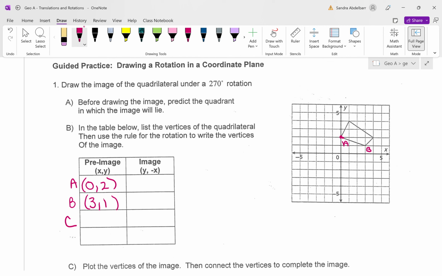And then point C, I have the point 4, 2. And then point D, here, I have the point 1, 4.